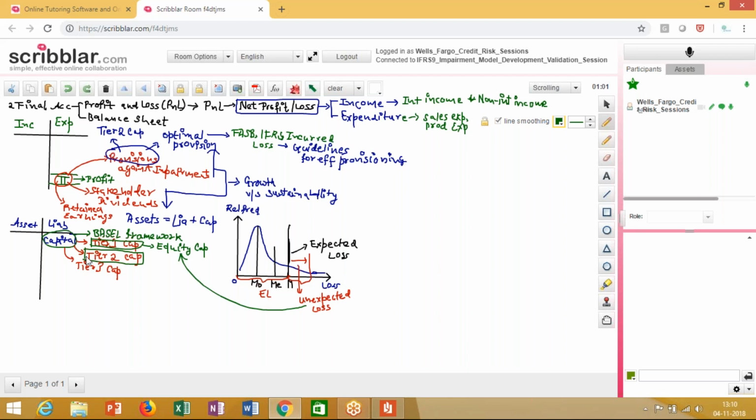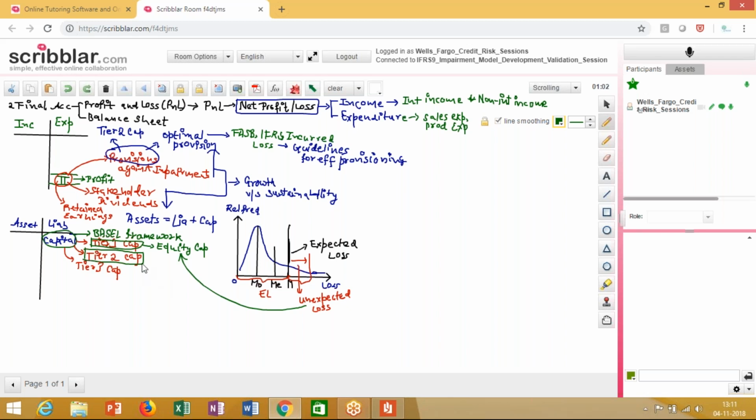Therefore, tier 2 capital is a second layer of capital which is expected to absorb the expected losses, your normal portfolio losses, of which provision is a component.